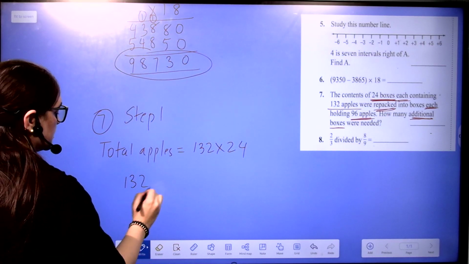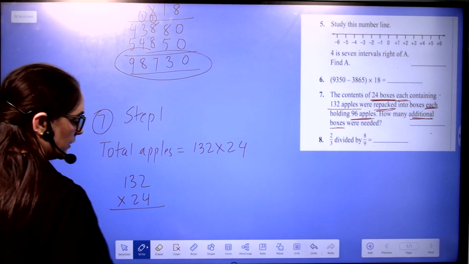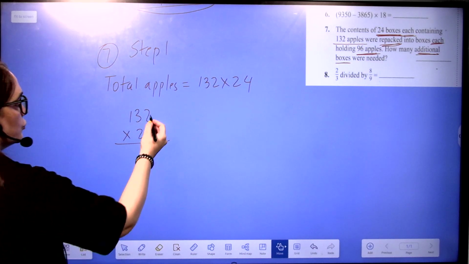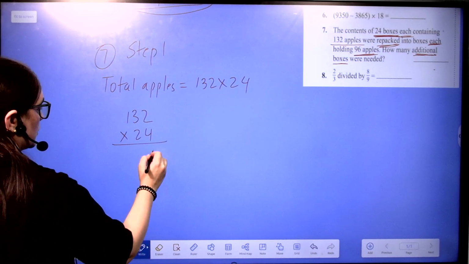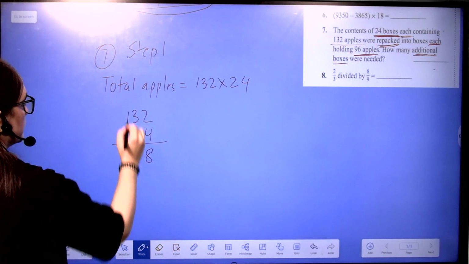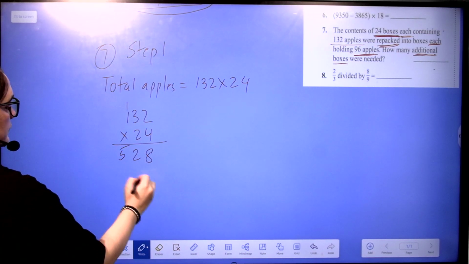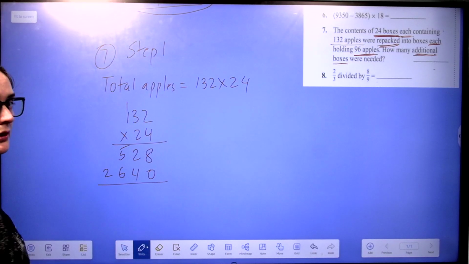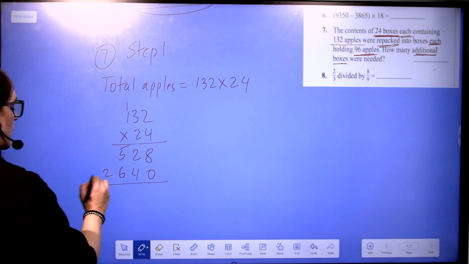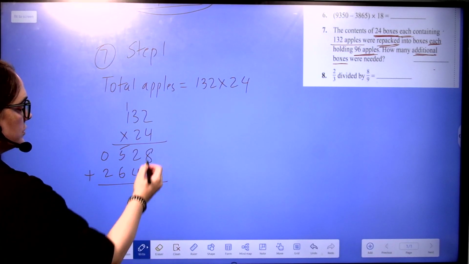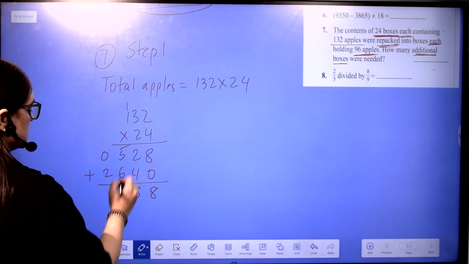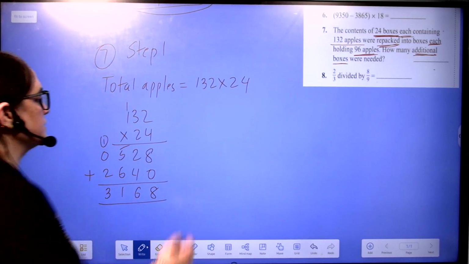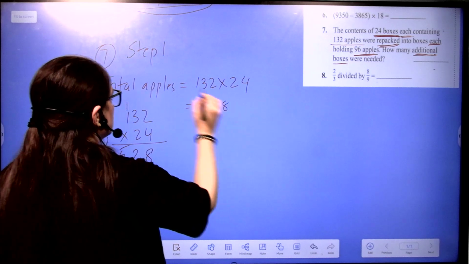So column multiplication will help. 4 times 2 is 8 and 4 times 3 is 12. 4 times 1 is 4 plus 1, 5. 0, 2 times 2 is 4, 2 times 3 is 6, 2 times 1 is 2. Like that. Okay. Then we are going to add them. If nothing is there, just put 0 in that place. That would be 8, this is 6, this is 11, and that's 3. So there are a total of 3168 apples. So that should be my step 1.